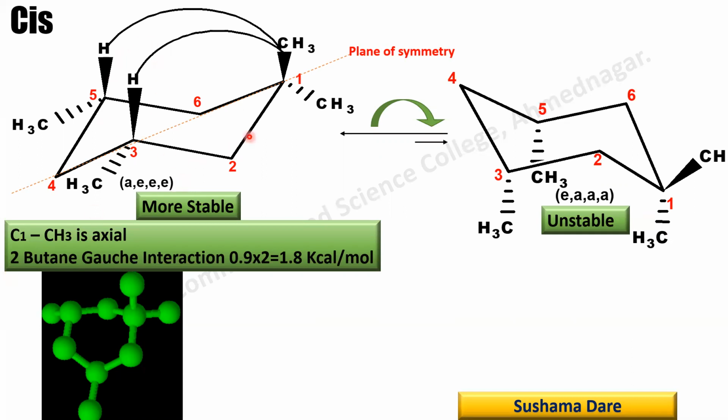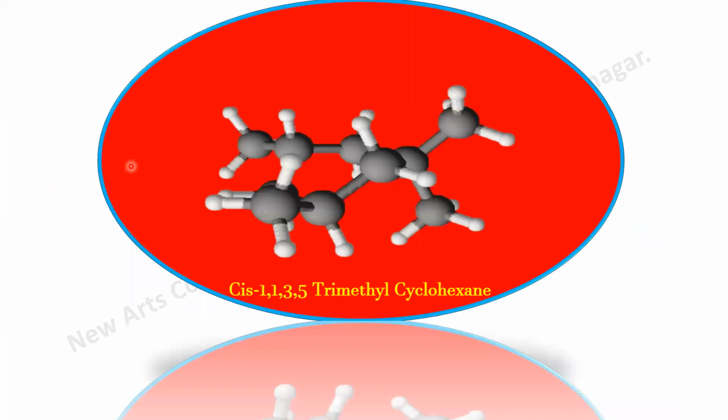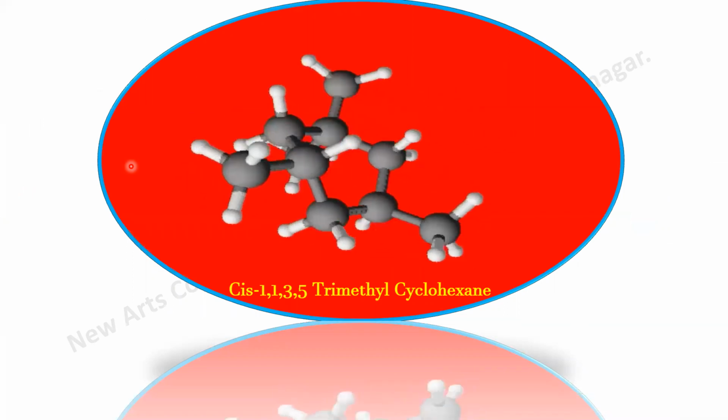With respect to that, we have to talk about the optical activity. Now as this conformer is more stable, you can see the plane which is passing through C1 and C4, there is a plane of symmetry. Therefore, the molecule is optically inactive. So this is the stereo structure or the orientation of this cis molecule in all directions.